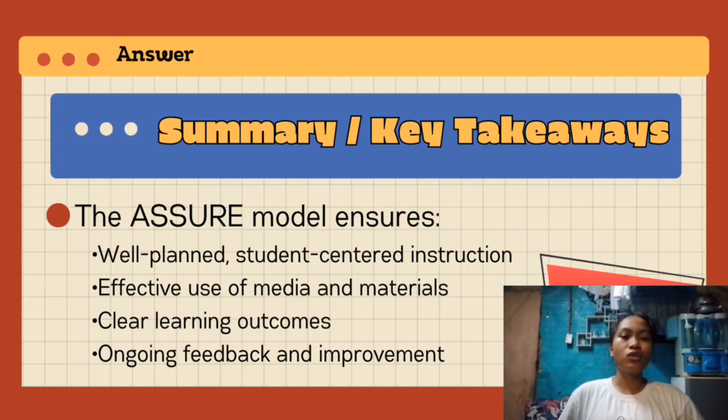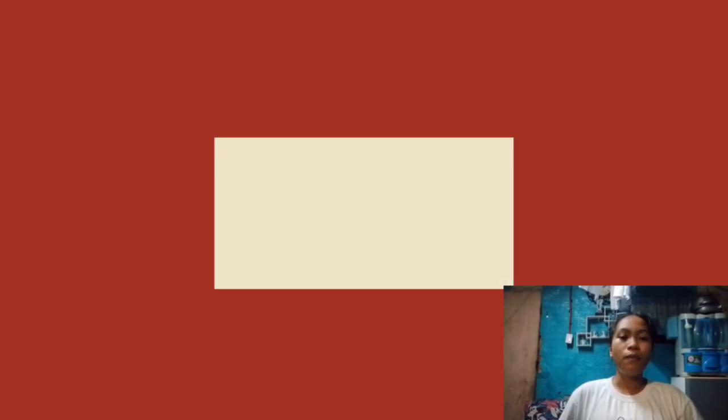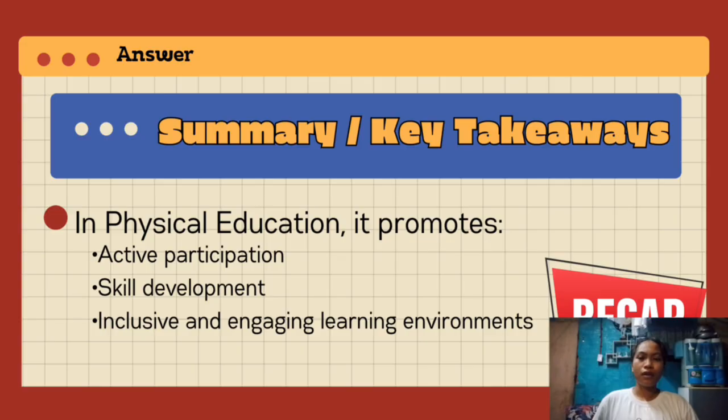It encourages us to use media and materials effectively, define clear learning outcomes for our learners, and constantly improve based on feedback. In physical education, this model supports active participation of our students, development of the physical skills that the learners should learn, and a more inclusive and engaging learning environment where all students can learn and can succeed.